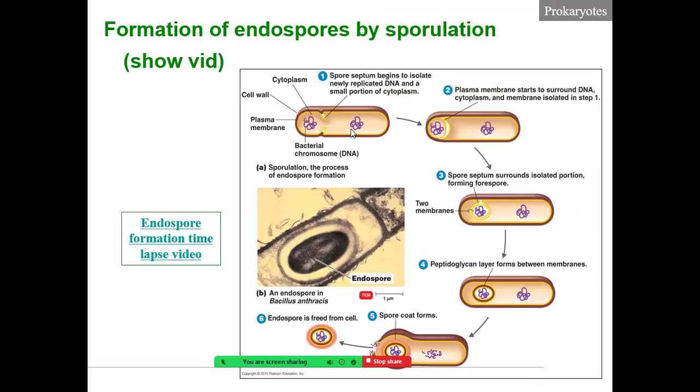So first the DNA will divide, and then one molecule of DNA will move towards this side of the cell, the other towards this side, and then the cell will start dividing, making a smaller cell and a larger cell. The smaller cell will form a plasma membrane around the DNA, and the larger cell will really just have the cell membrane form.